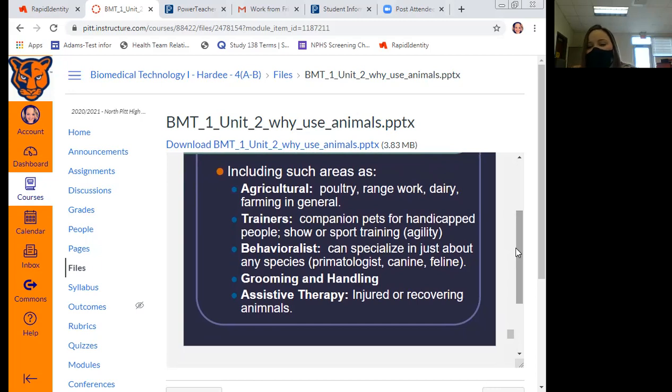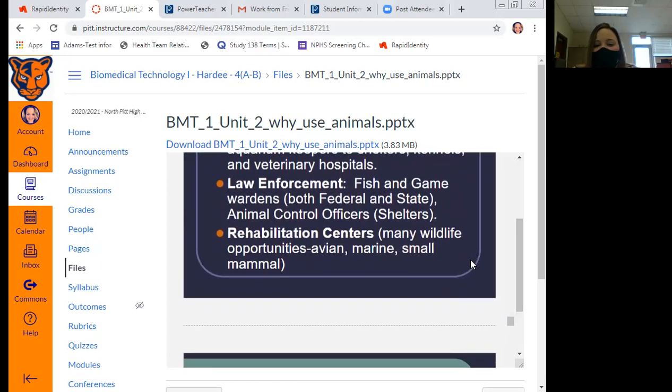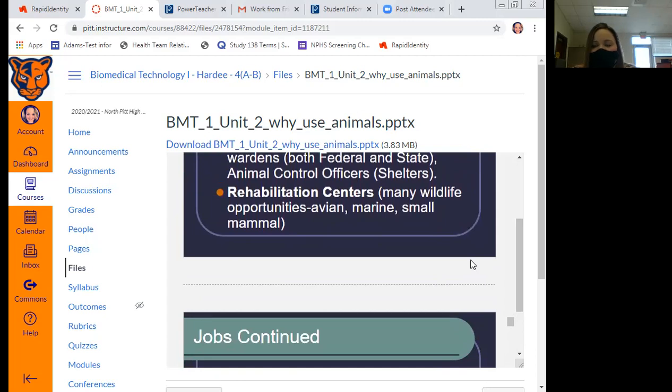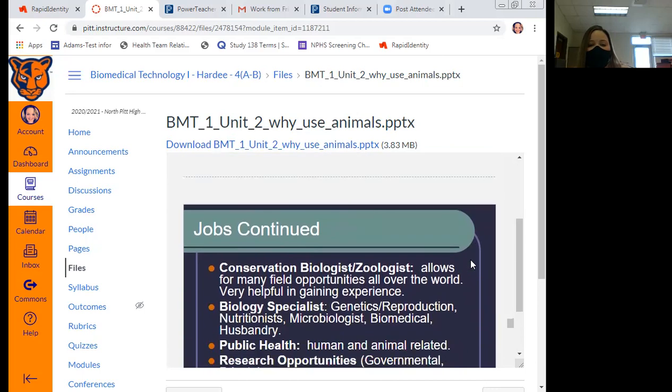So a lot of the times I don't think people understand that there are sides to animal research that are not animal testing. And so make sure you just kind of look through these slides because they're super interesting, and it gives you an idea of all of the different types. So rehab jobs, such as if you wanted to work in wildlife management, game wardens, things like that, those are all considered biomedical research careers.